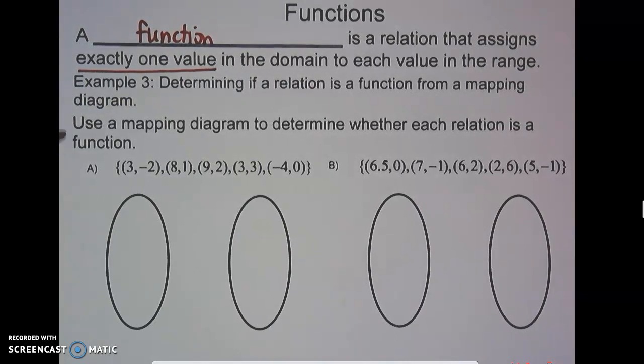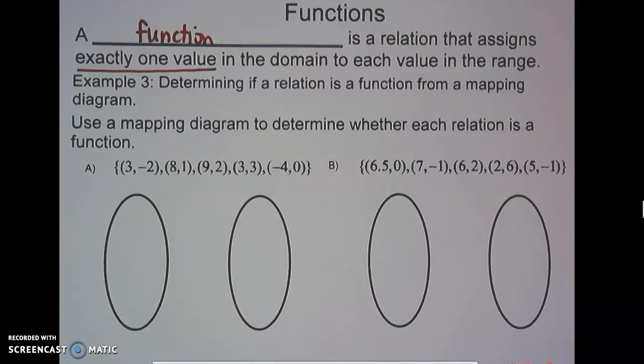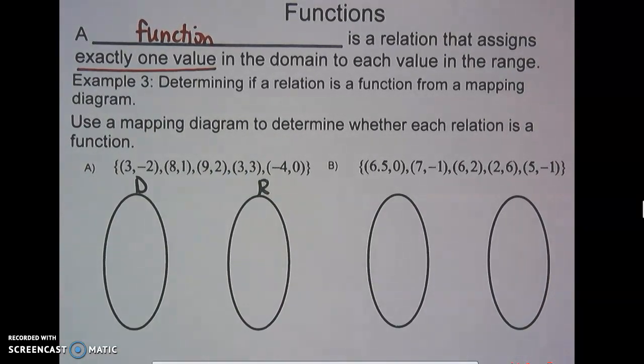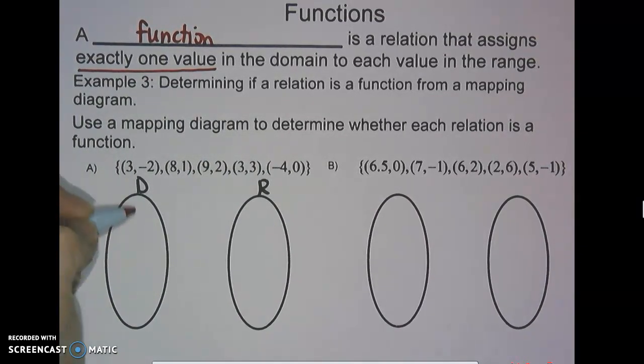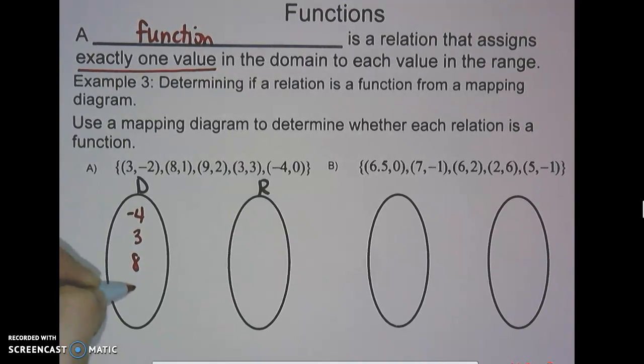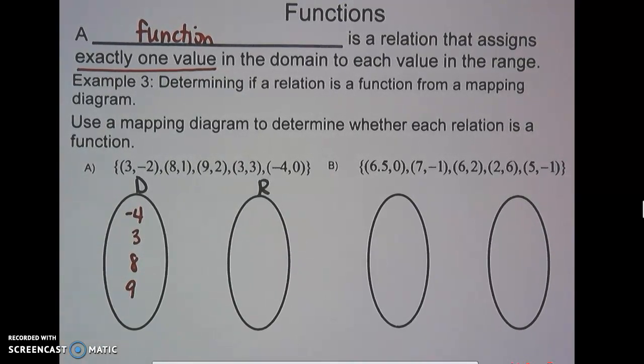All right, so we're going to determine if a relation is a function using a mapping diagram. So we have domain, we have range, we have our list of points here. I'm going to go a little bit faster through this one since we know how to make mapping diagrams. So we would have -4, 3, 8, and 9 as our domain values.